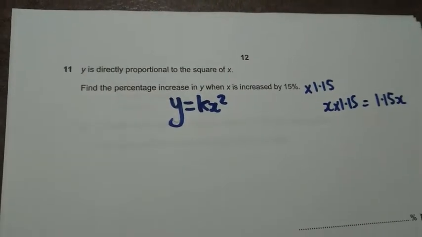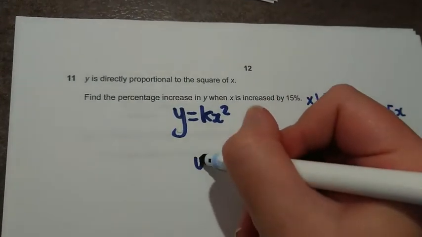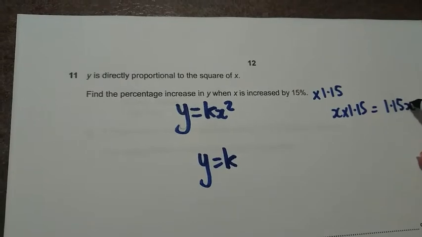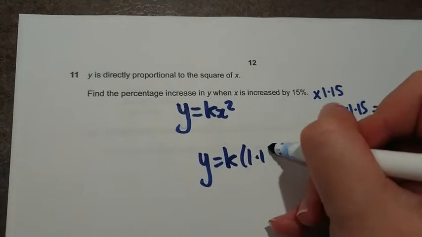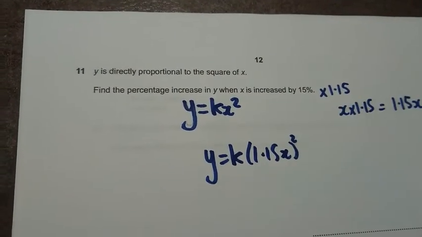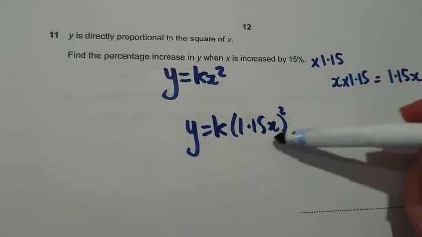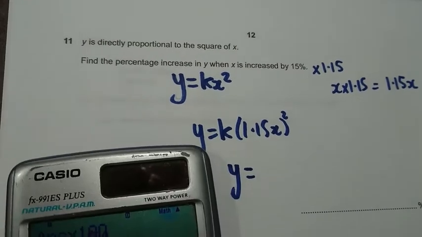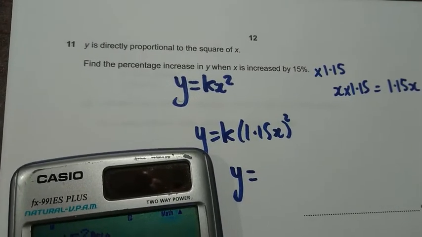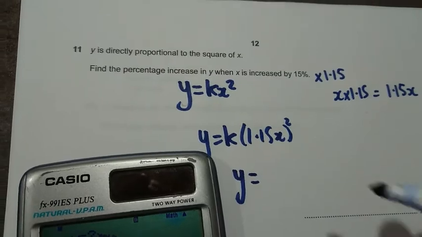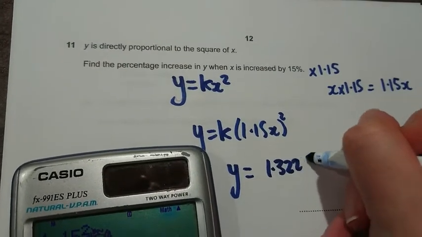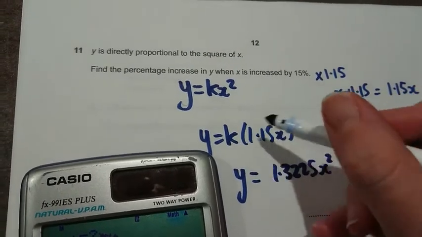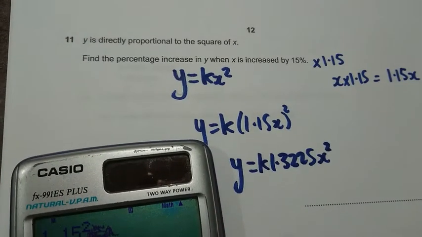So y equals k, and now instead of x squared, it's 1.15x squared because it's been increased. So I need to do 1.15 squared, which is 1.3225. And then the x would also be squared as well.